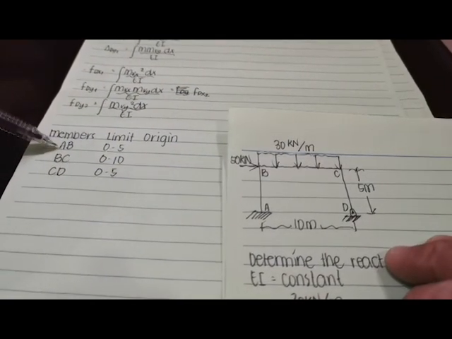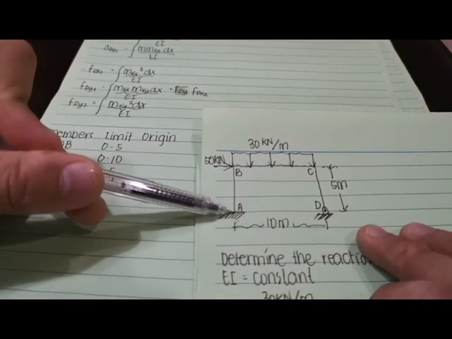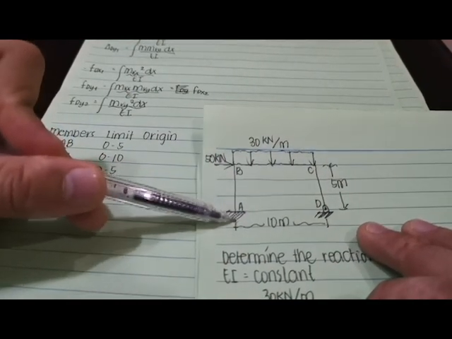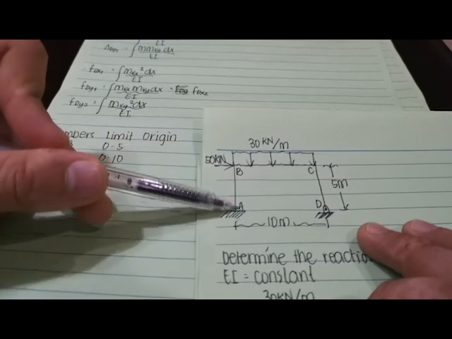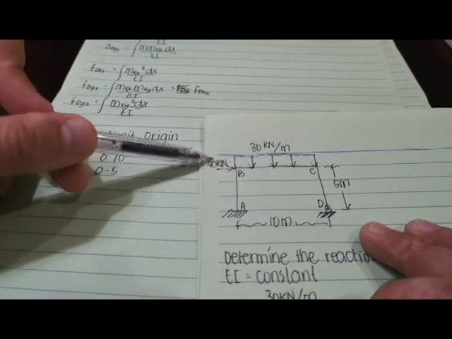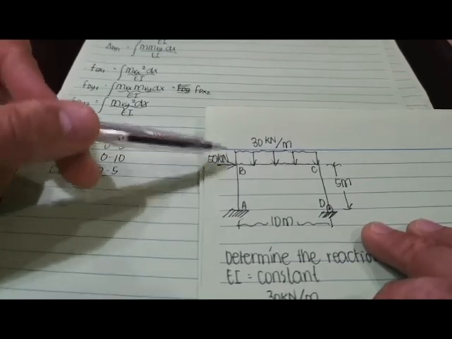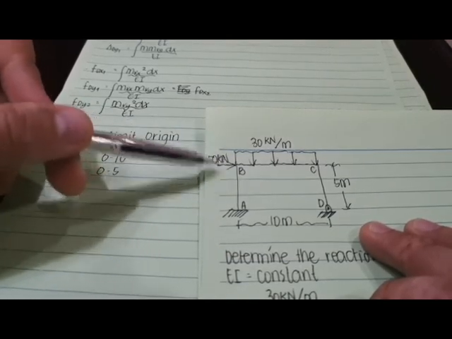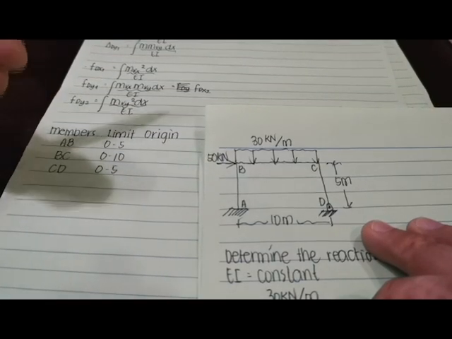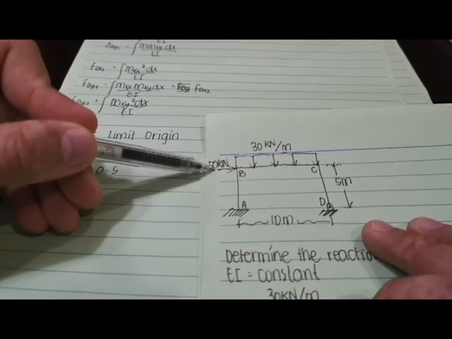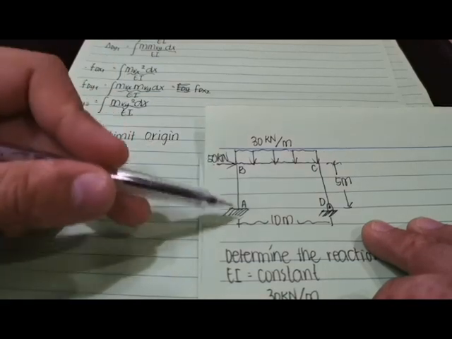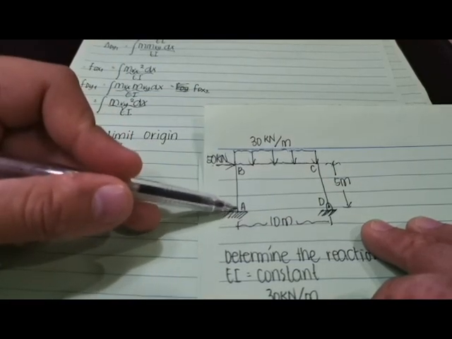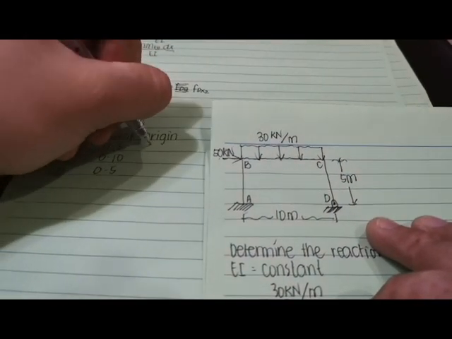So in member AB, we can either go from A to B or from B to A. Since we have a 50 kilonewton concentrated load here, it will be really complicated to minimize the computation there. We can set your origin at point A.